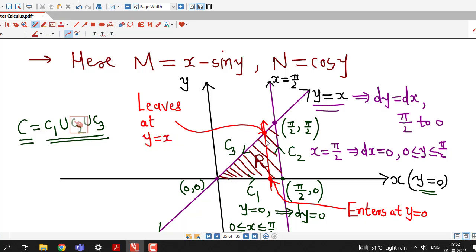So if we consider this part of the line, then along this part x becomes constant and y is varying from y equal to 0 to y equal to x. Therefore, limits of integration for y will be from y equal to 0 to y equal to x.